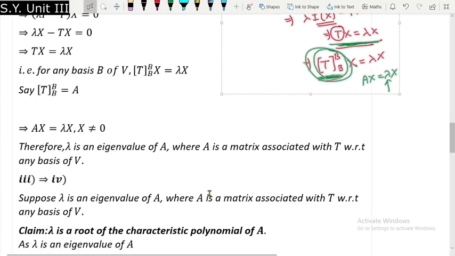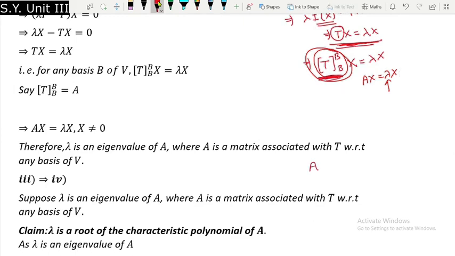So as lambda is an eigenvalue of A, therefore what will happen? There will exist some non-zero x belonging to R^n. This is by definition only, such that Ax will be equal to lambda x. So what will it imply? This will give us Ax is equal to lambda I x, where I is the identity matrix, right?